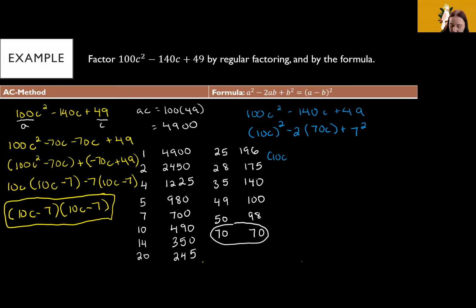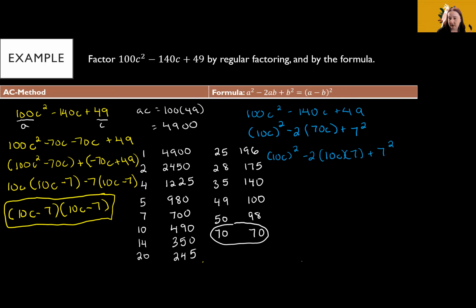So we have 10c squared minus 2, and that 70c is made up from the 10c times 7. 10c times 7 gives us 70c. So this meets the format of the perfect square trinomial.